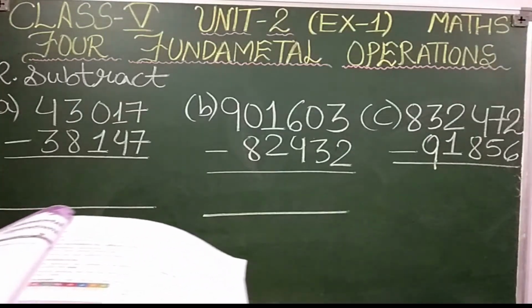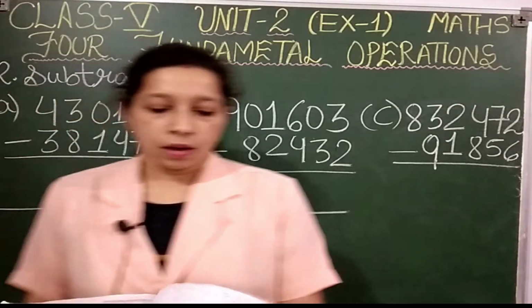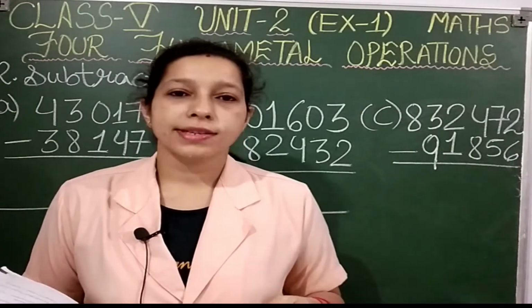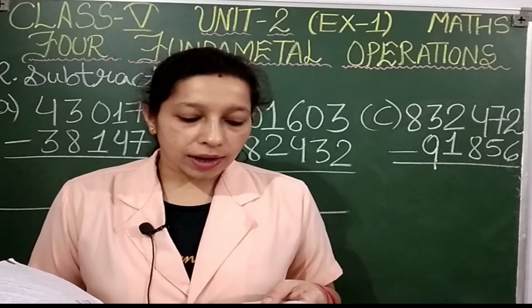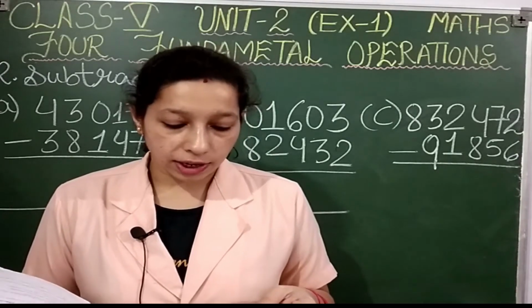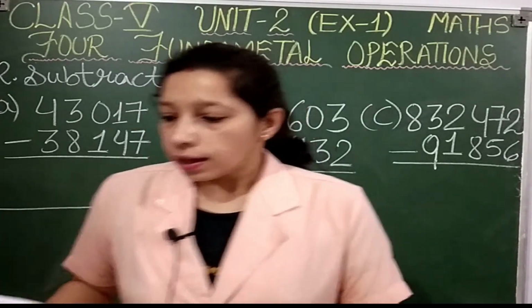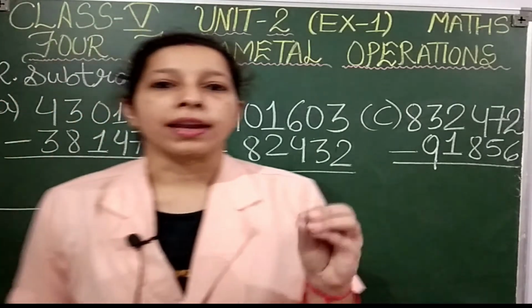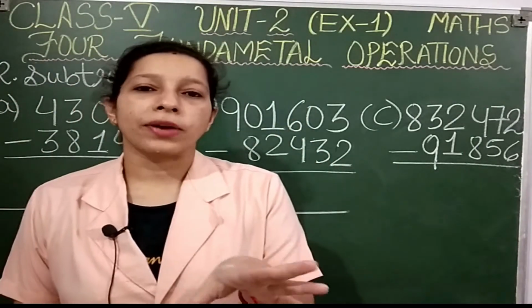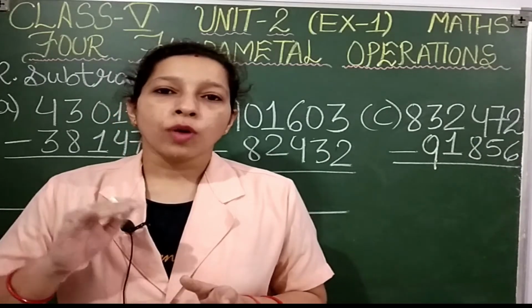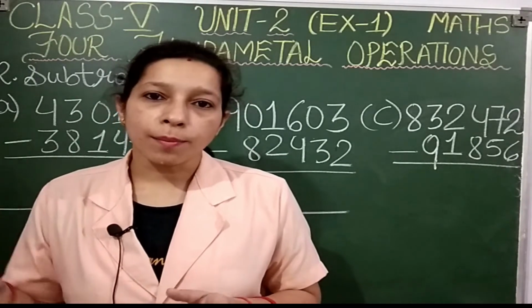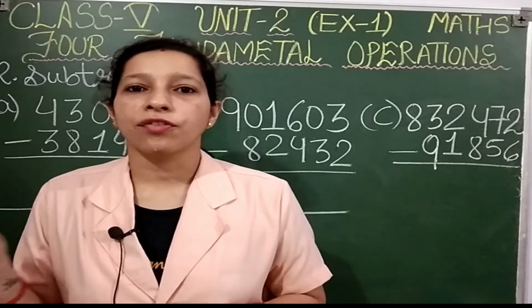So students, question number 2, subtract. Point number A: 38,147 from 43,017. Here the word "from" is given. Whenever you are asked to subtract and the question has "from," you are going to write first the number which is written after "from."